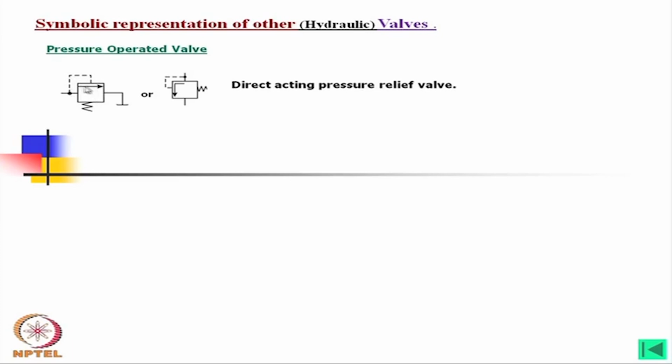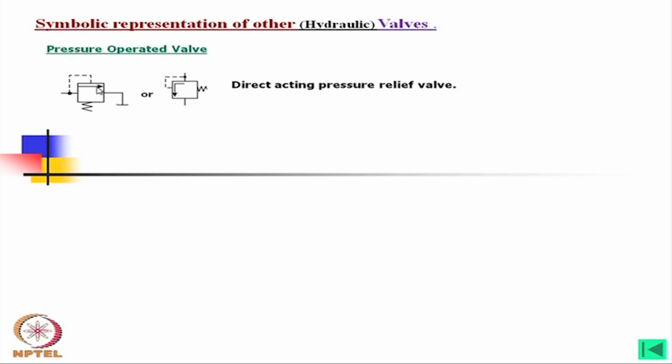What we find, this arrow is here, and there is an in and this is drain and this is spring, that means spring is pushing this one. Now, from here if a signal comes, then if this pressure rises above some limit, then this will come here and this will be directly connected. So, this is a direct acting pressure relief valve, you can say.